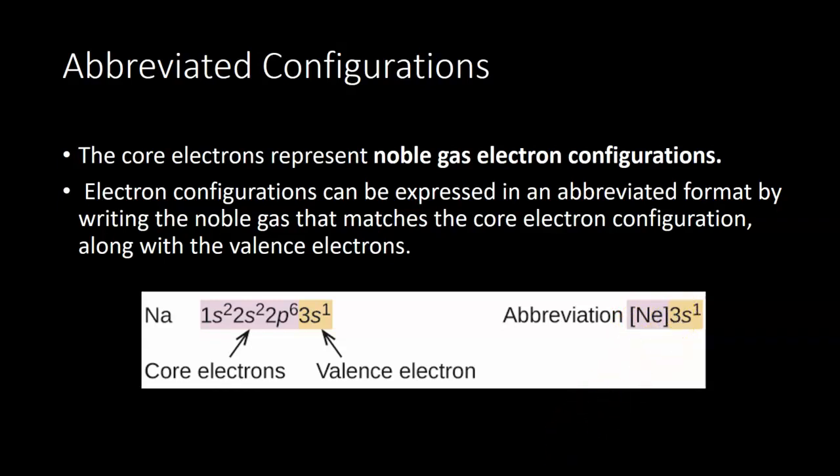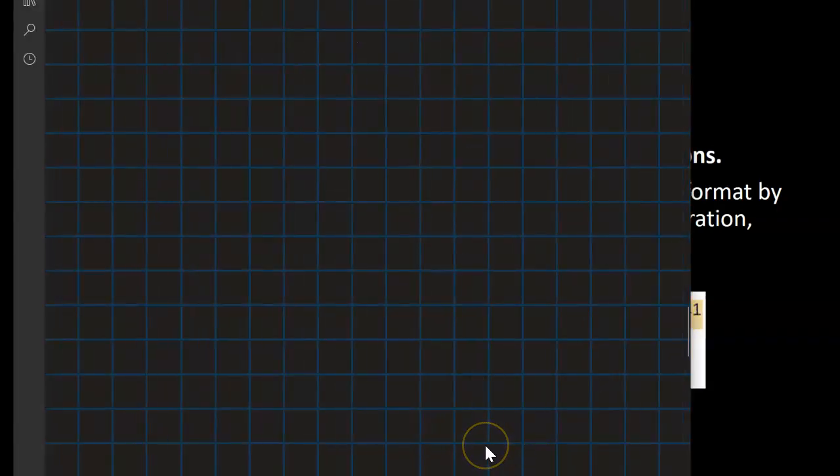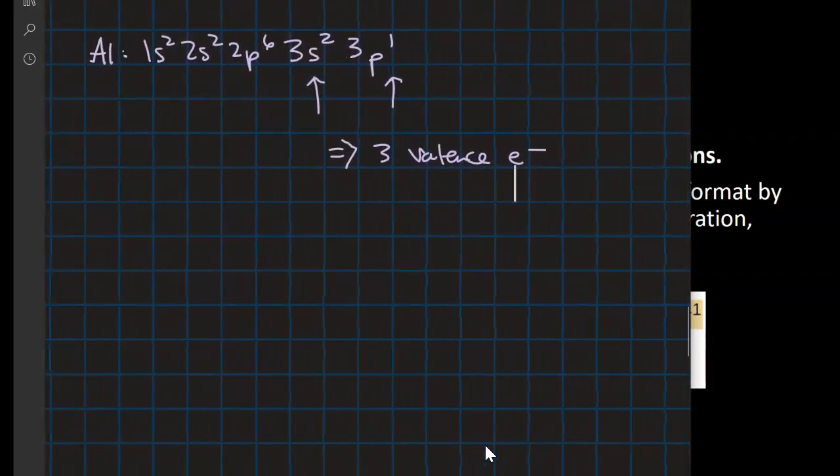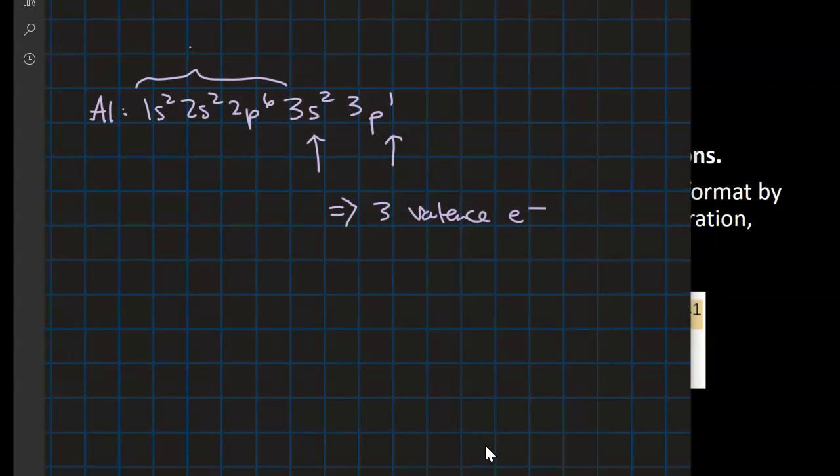The abbreviated electron configuration for aluminum would still use neon because it's got the same core electron configuration as neon. So this much of the electron configuration corresponds to neon. And then we write the valence electrons, 3s2 and 3p1.